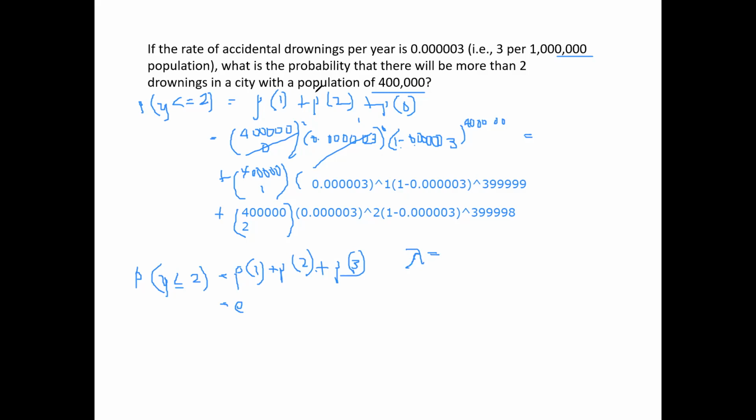Lambda is 400,000 multiplied by pi, which is 0.00003. Okay. Sagot dito sa lambda. 1.2 po, sir. 1.2.